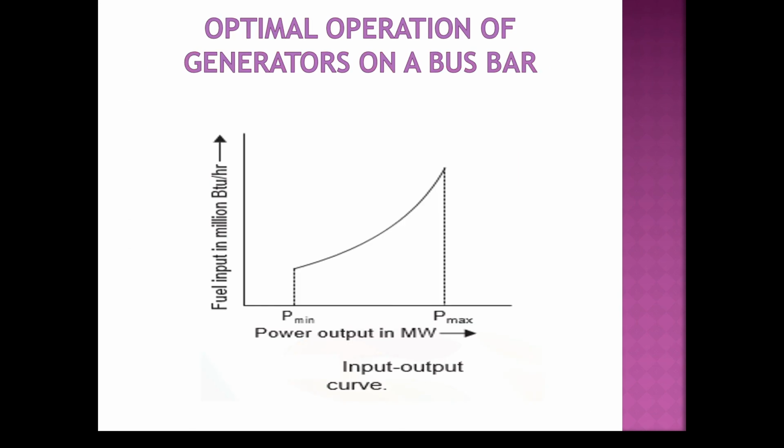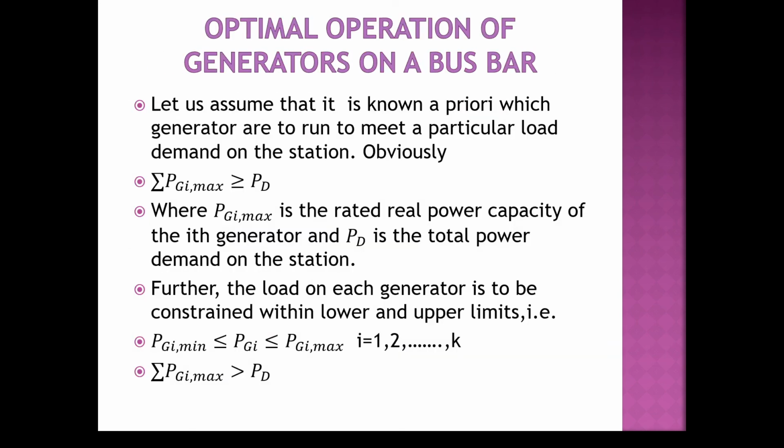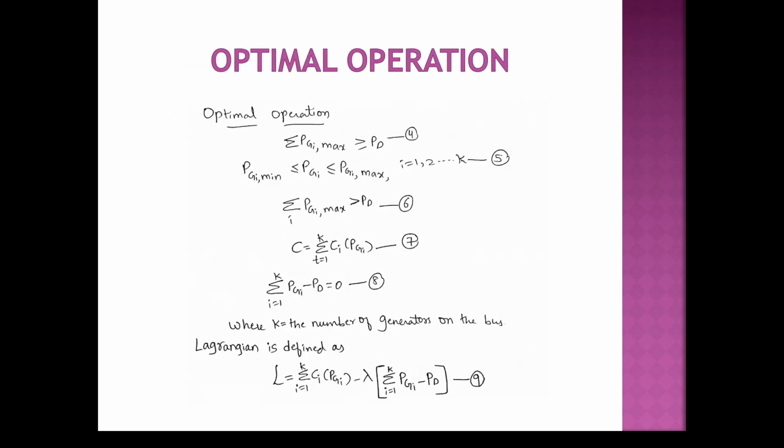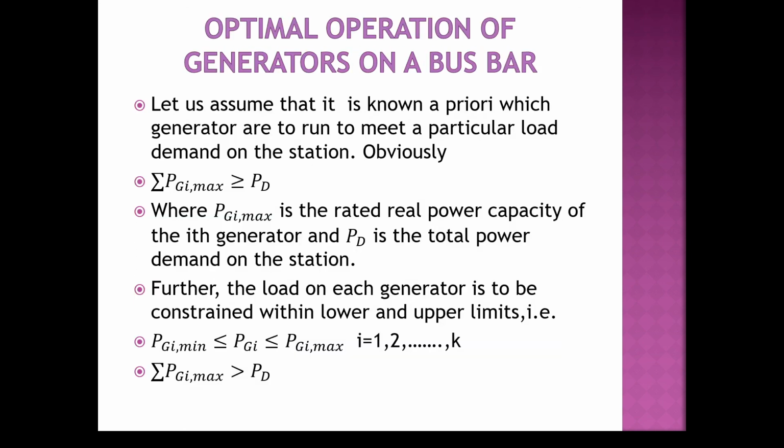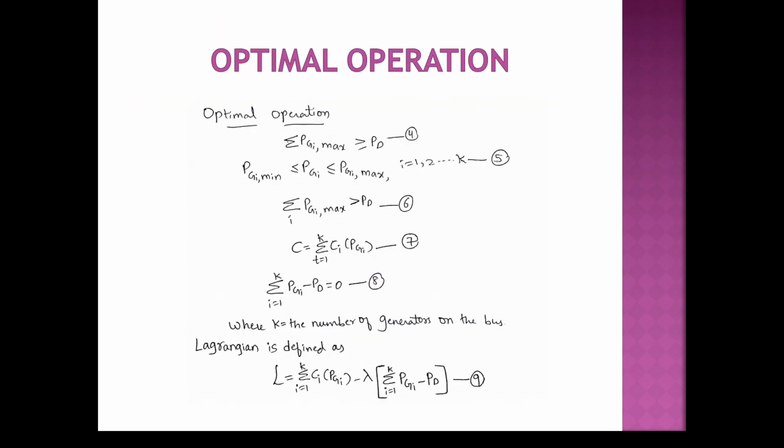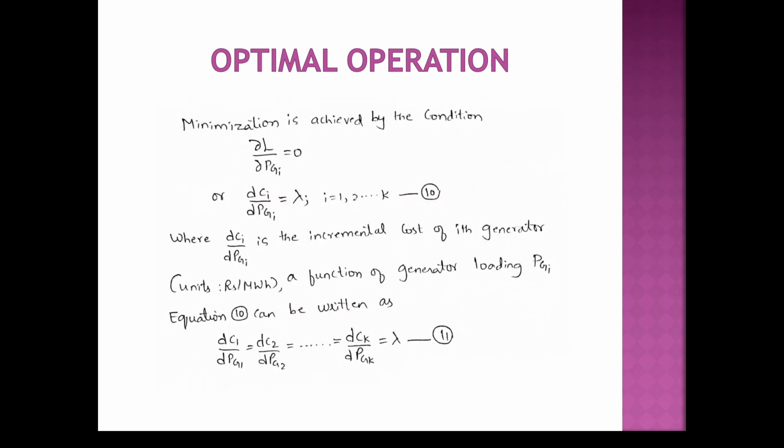So today's class we have seen about the optimal generation of operation of generators on a bus bar, that is using Lagrange multiplier. We are writing the equation for optimal operation.